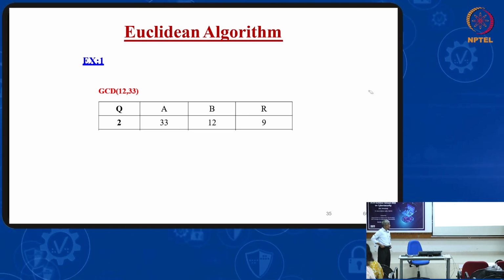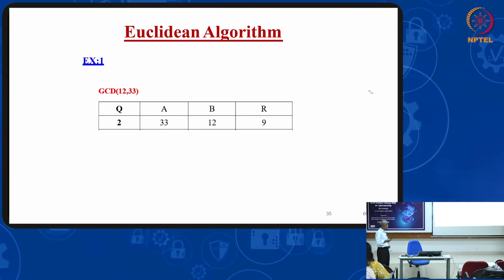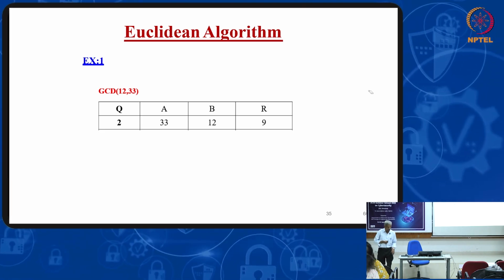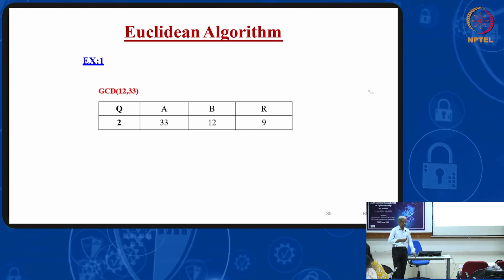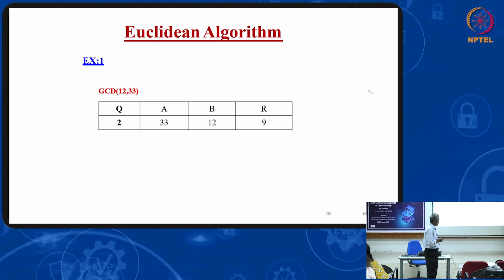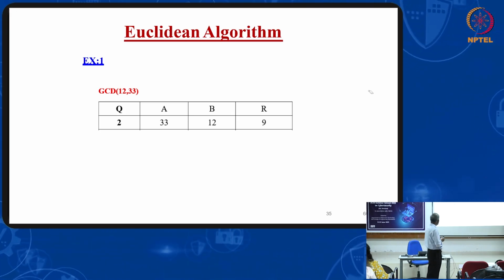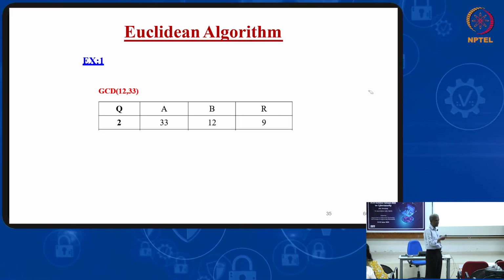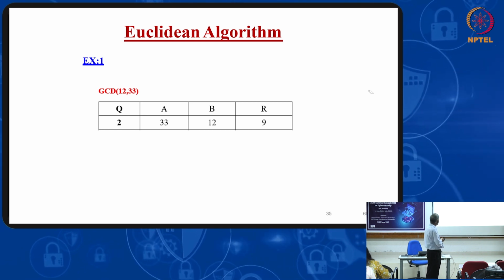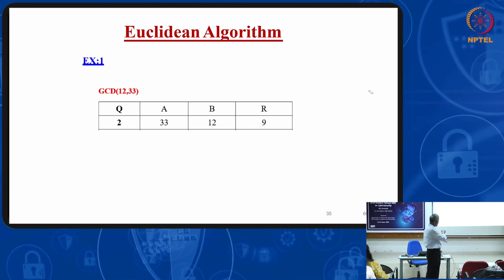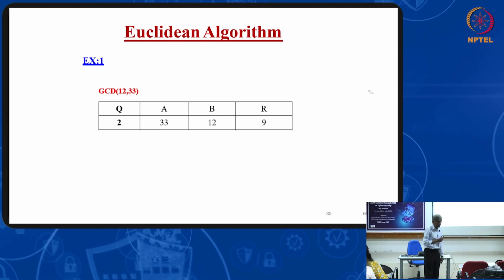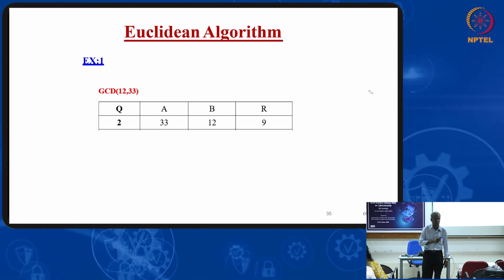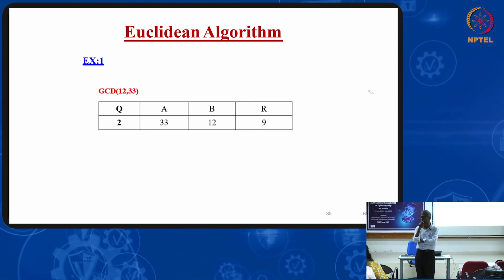Now we want to check the quotient. A is the dividend, B is the divisor, R is the remainder. We want to find the greatest common divisor between 12 and 33. Bigger one is A, smaller one is B. Now divide the bigger one by the smaller one. 33 divided by 12, what will be the quotient?